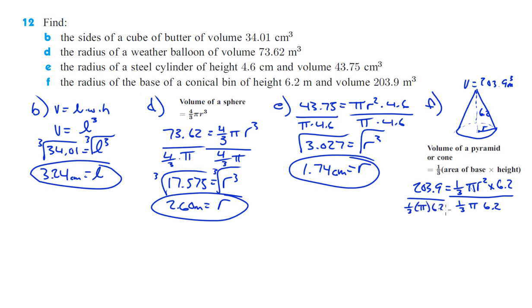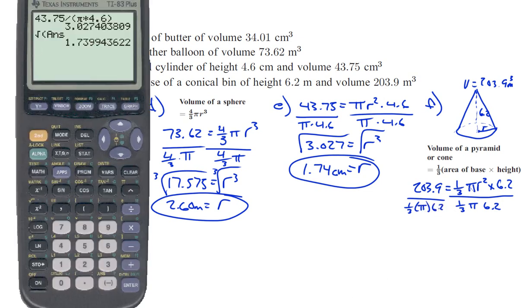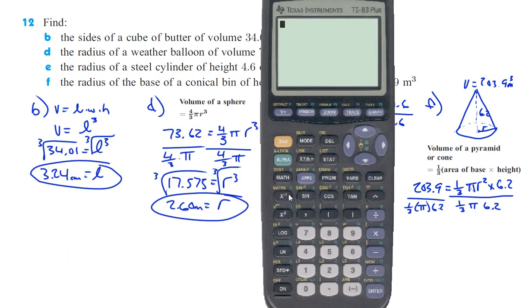Okay, so on our calculator, we've got to do 203.9, and we're going to divide by parentheses, 1 divided by 3 times pi times 6.2, and close our parentheses, and that should give us the right answer.